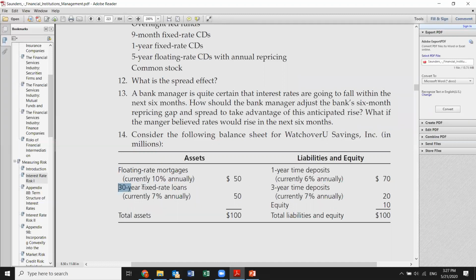And we have 30-year fixed rate loans, currently at 7%. On the liability side, we have a 1-year time deposit repriced at 6% annually, and a 3-year time deposit repriced at 7% annually.